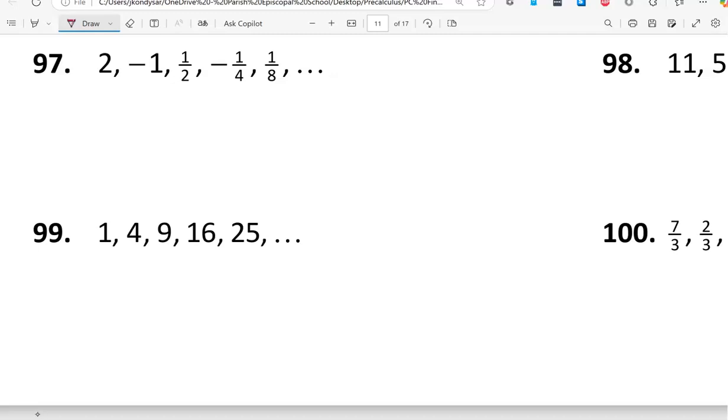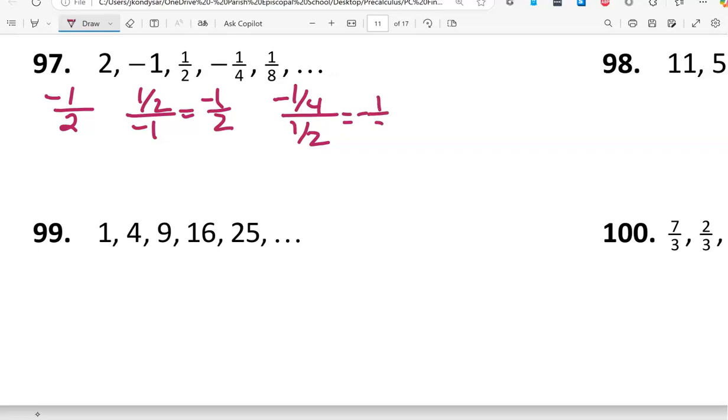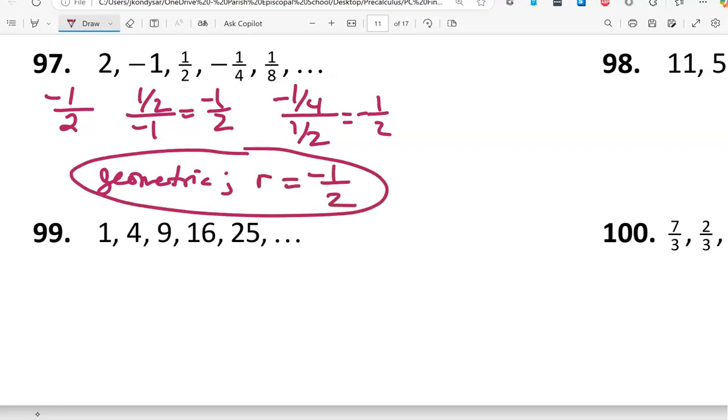In this case, if we look at the ratio of terms, -1 divided by the term before it is -1/2, and then 1/2 divided by the term before it is also -1/2, and -1/4 divided by the term before it is also -1/2. So this is a geometric sequence with a ratio of -1/2.